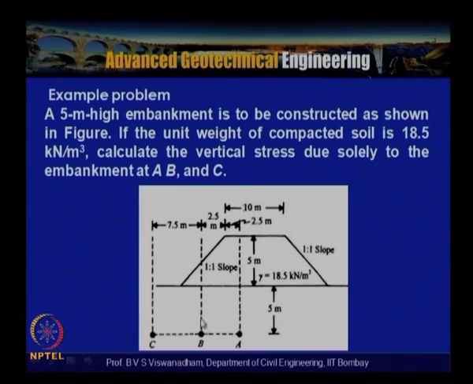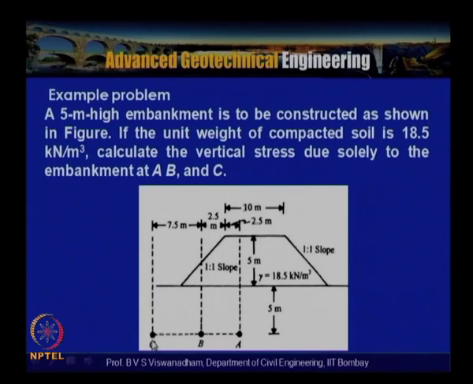Now, when it comes to this point, we have an embankment of this particular shape. So, the stress due to this portion needs to be deducted. Here, we construct a fictitious embankment and afterwards remove the increase in stress due to this much portion.